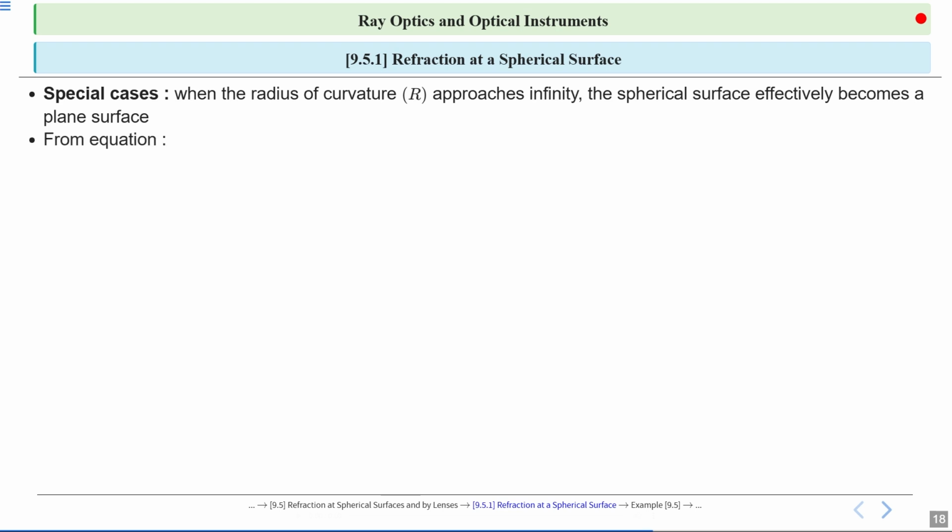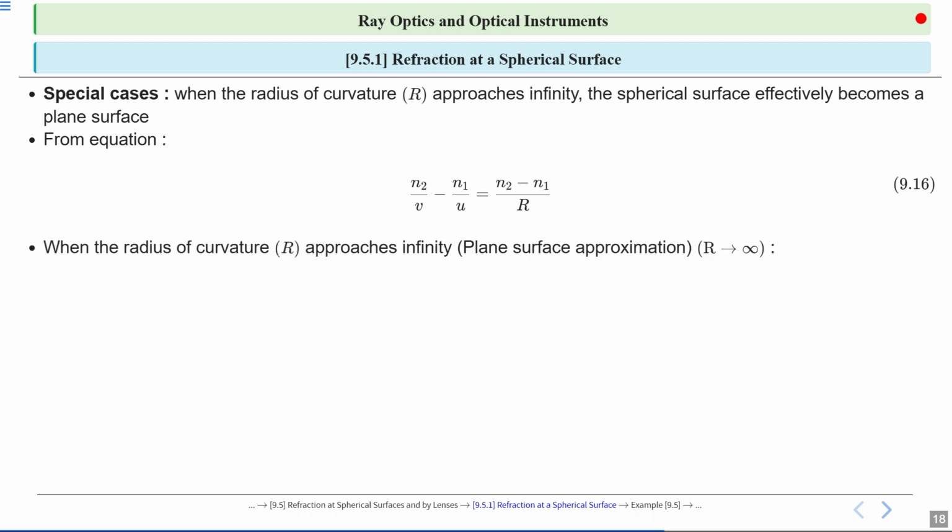So from equation 9.16 we have derived n2 upon v minus n1 upon u equal to n2 minus n1 upon R. So put R as infinity for plane surface approximation. If R is infinity, 1 upon infinity will be 0. So n2 upon v minus n1 upon u will be equal to 0.